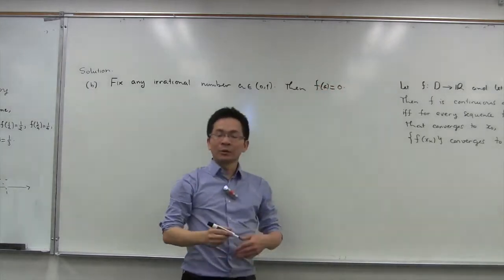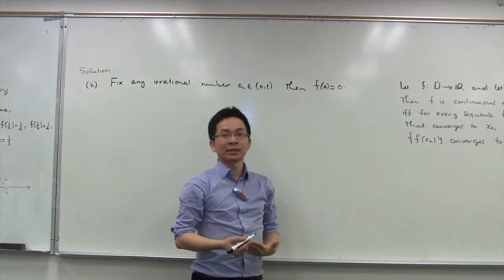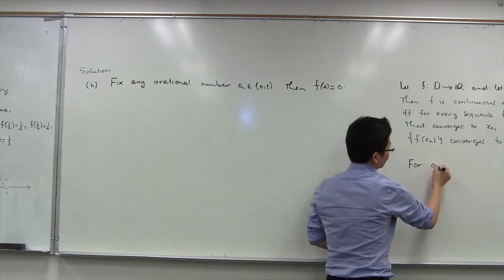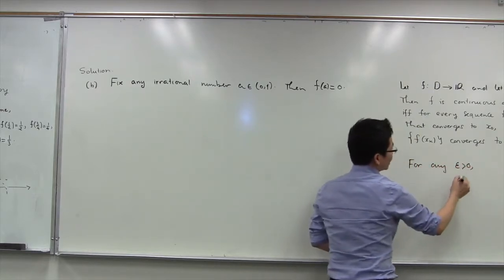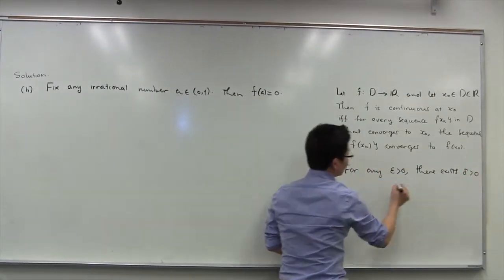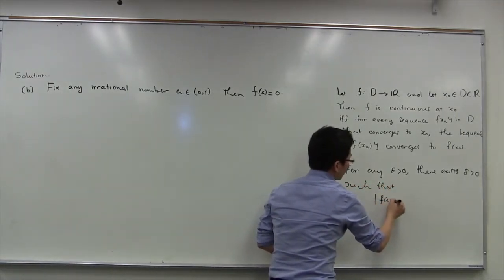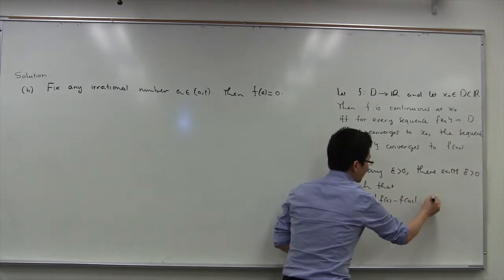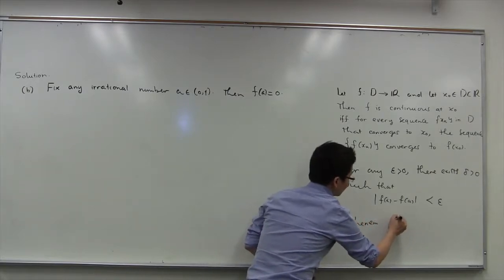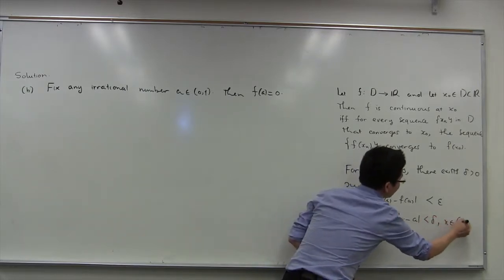Now we are going to apply the definition of continuity in order to show that f is continuous at a. To do so, we have to show that for any epsilon greater than 0, there exists delta greater than 0 such that the absolute value of f of x minus f of a is less than epsilon whenever the absolute value of x minus a is less than delta, and x is in the interval (0, 1).